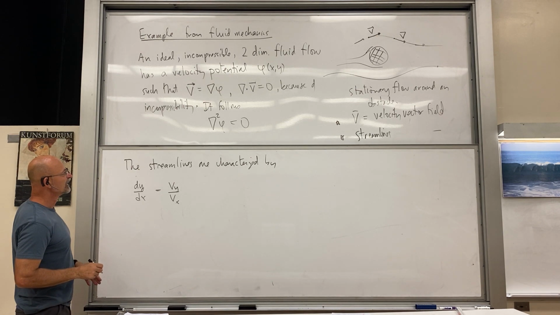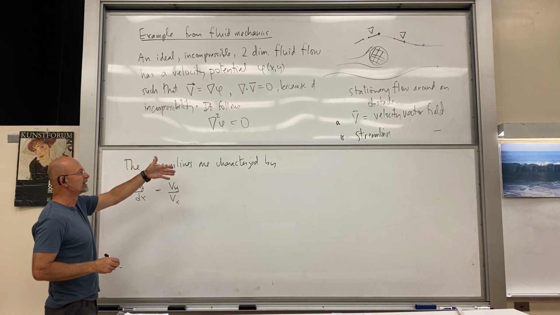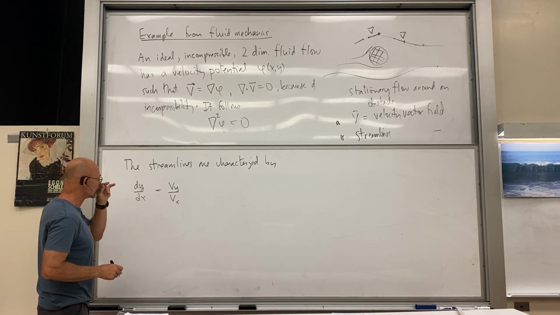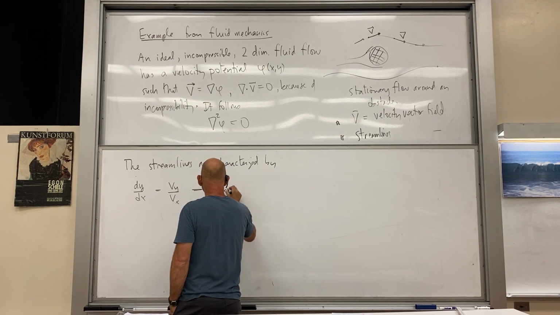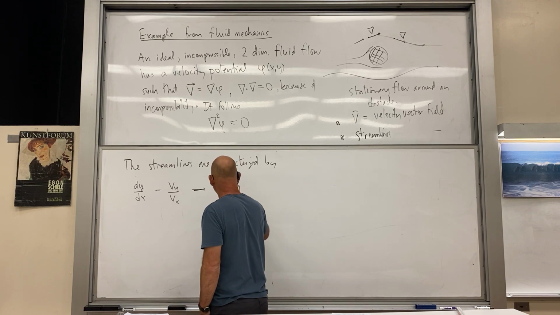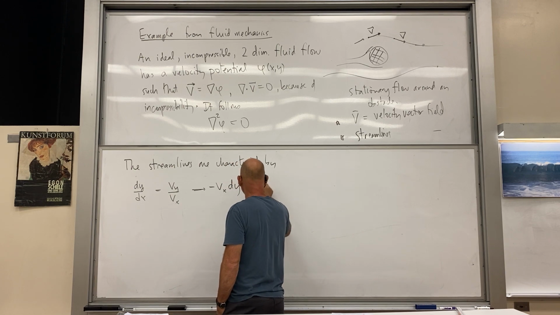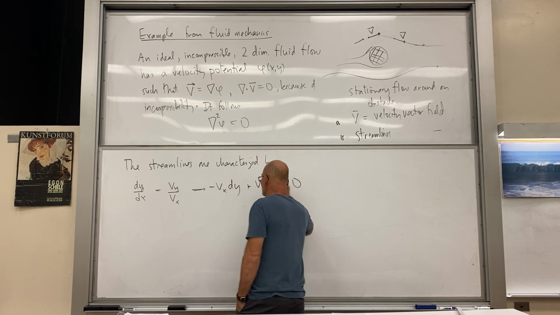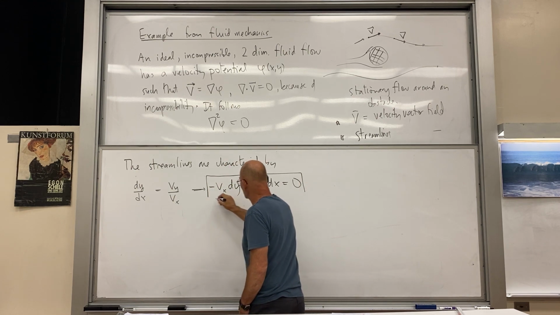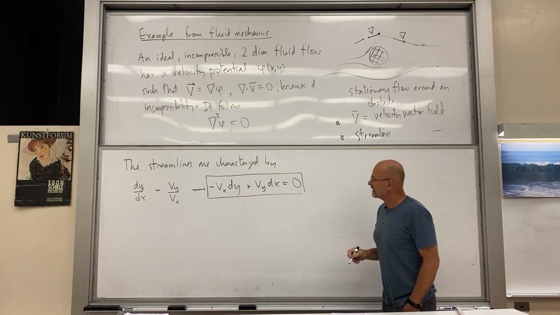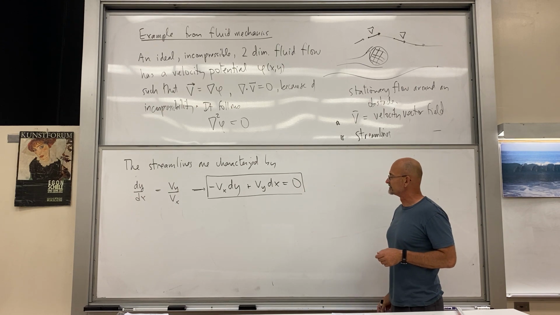That's immediately apparent there. V has components v sub y and v sub x, and that's the slope, dy dx at that point. So we can also write that as minus vy dx plus vx dy equals 0. So that's an immediate characterization. Okay, fine.